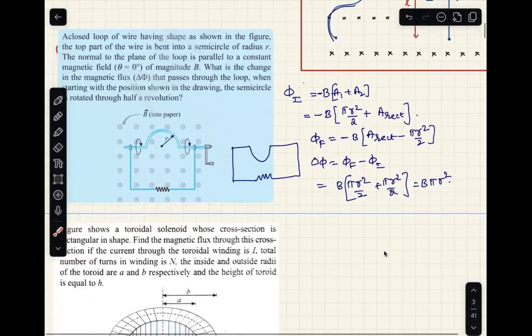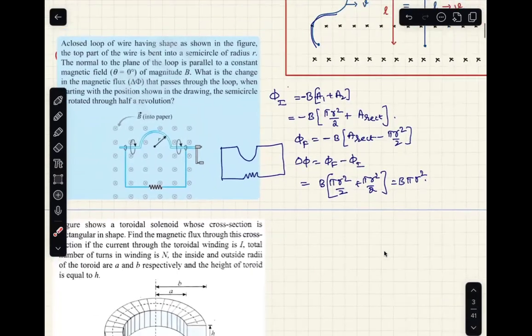Now we will start applying things. Just simple basic discussion. A closed loop of wire having shape as shown in the figure. Can you see the shape clearly? Semicircle, rectangle. Initially, that is how the situation is. After half rotation, the situation will change to here. They are asking what is the change of flux. Simple.